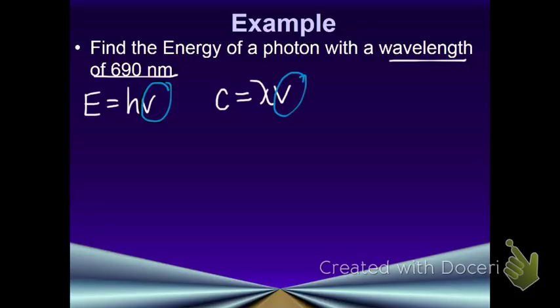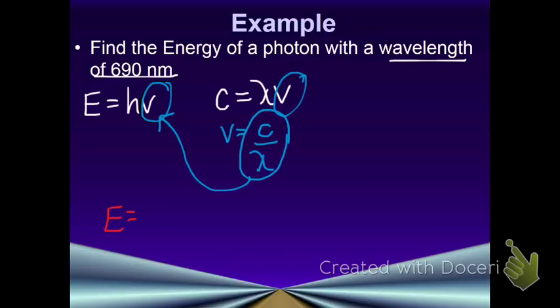If I were to take the speed of light equation and say frequency is equal to the speed of light over wavelength, I can substitute that for that frequency. So then my formula would look like this.